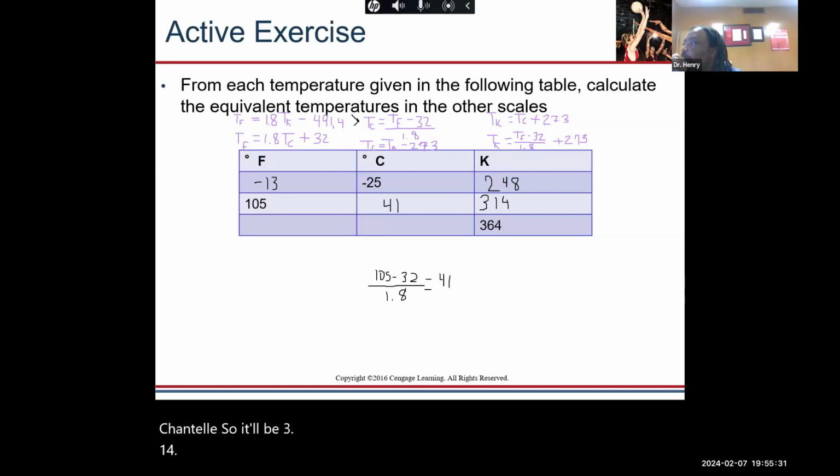Okay, so now we're going from 364 Kelvin to Celsius. In this case, we're going to be using this equation here.